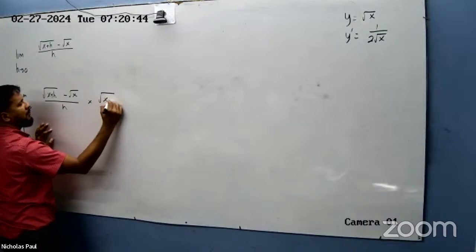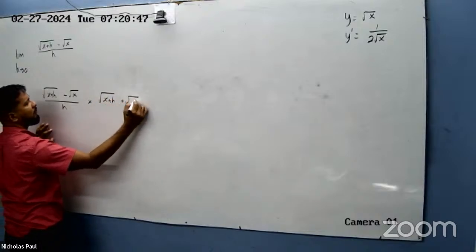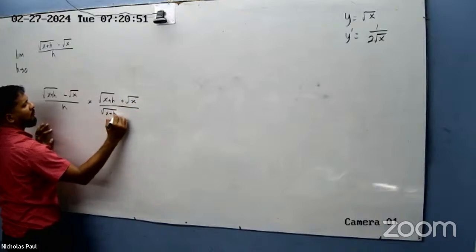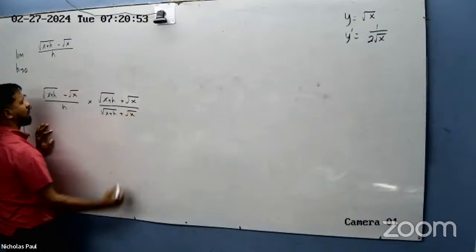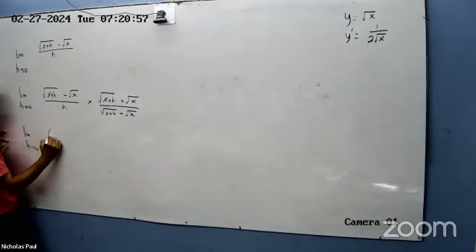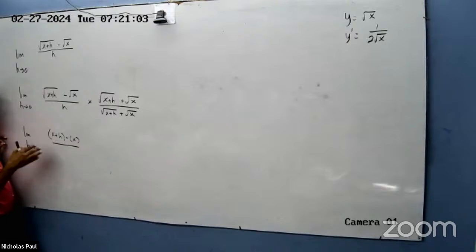So you multiply by the conjugate. When you multiply by the conjugate, you'll get x plus h minus x. Most of the time, all the x terms are supposed to cancel off in the numerator.